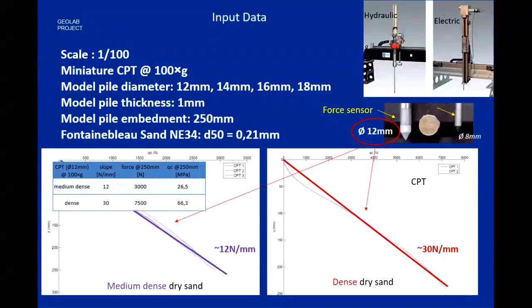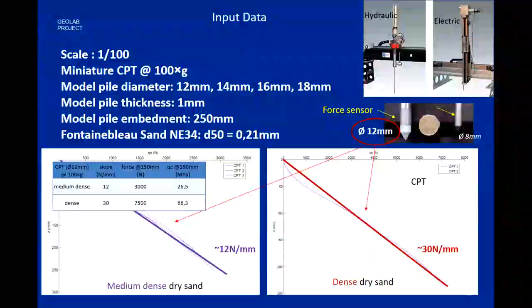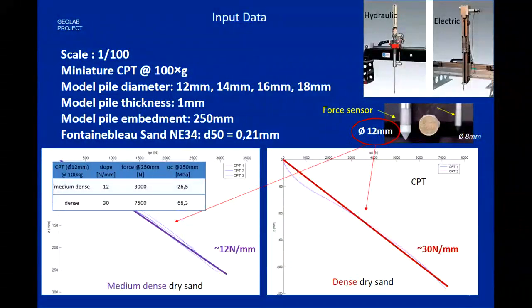Okay, so I can deliver here the result. So if we are at 250 millimeters depth, with those results at this scale, we can record the force. So for the red one, we have 7,500 newtons, and that corresponds to a stress on the cone, which is 66.3 megapascal.